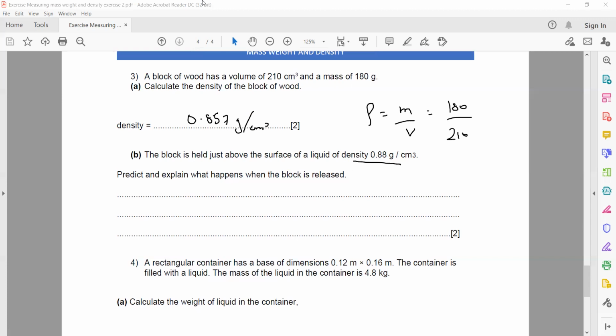Then this block is held above the surface of a liquid. So there's a liquid, and this liquid is having a density of 0.88 gram per centimeter cube. And we release the block here which is having a density of 0.857 gram per centimeter cube. What will happen? The block will float or sink.